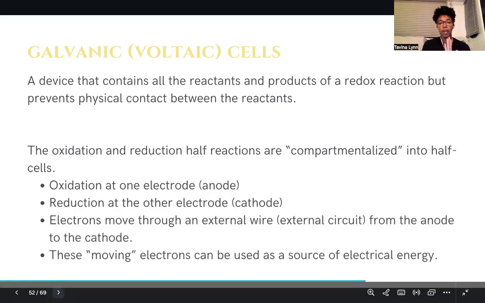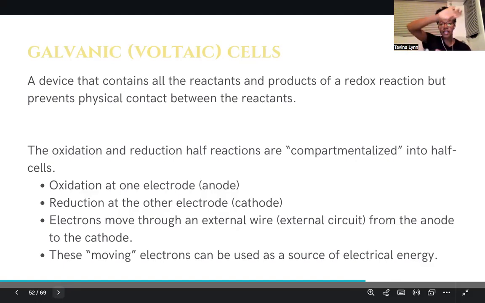So we have oxidation in one half cell that's losing, or producing, electrons. Those electrons move through an external wire, called the external circuit, from the anode to the cathode, and these electrons can then be consumed in the reduction half cell.